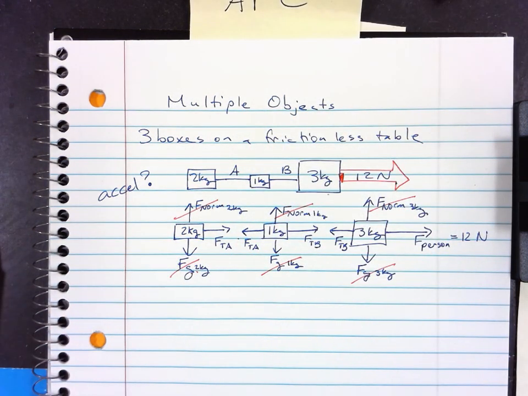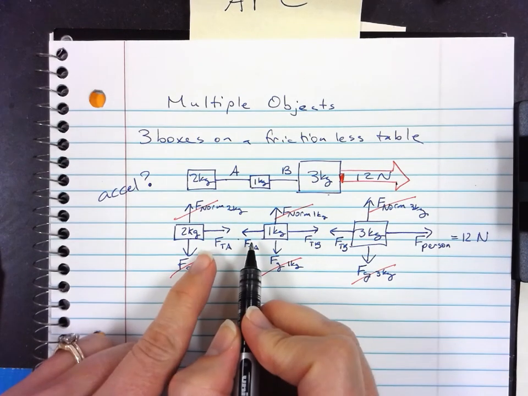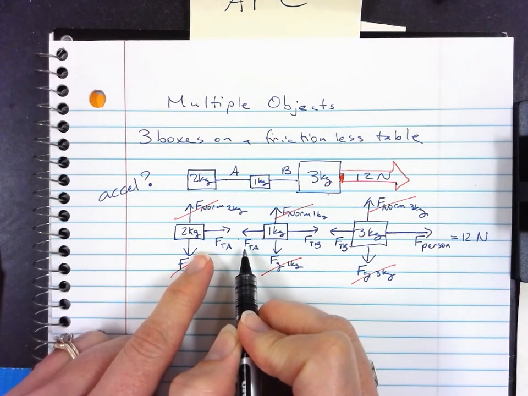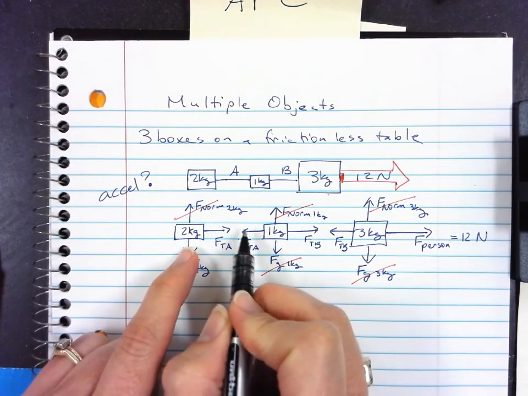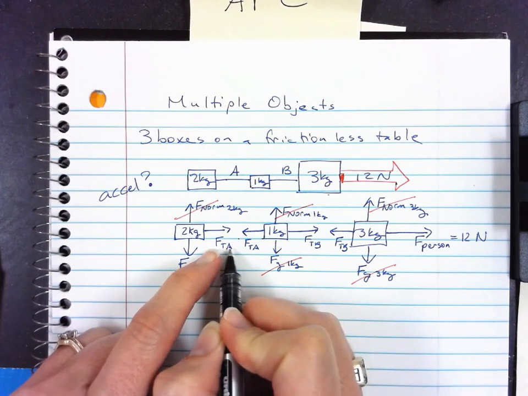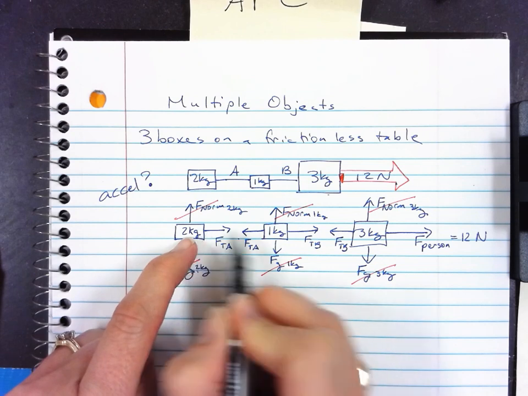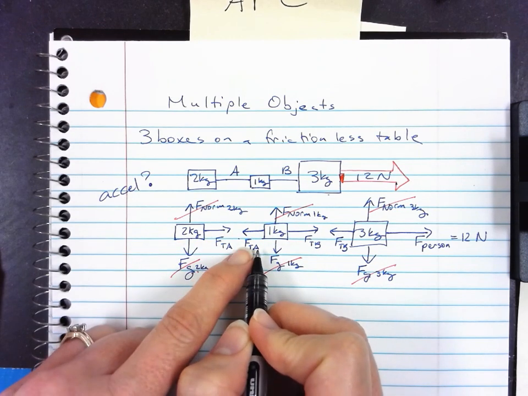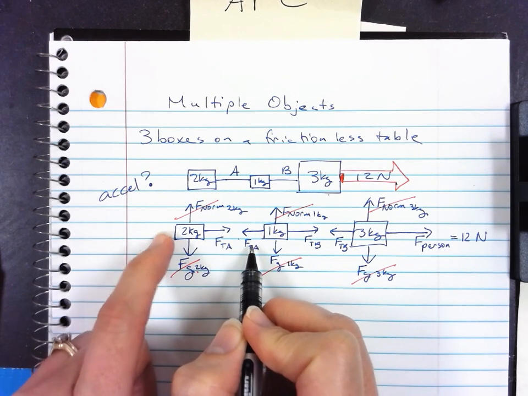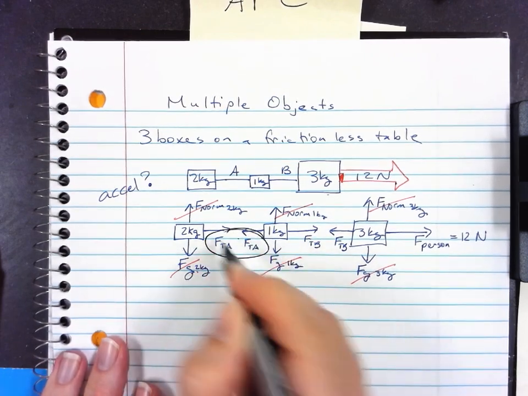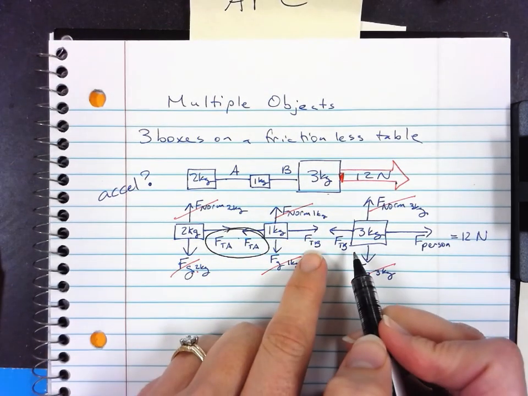So these forces exist, but they're inside the system. In fact, these are a third law pair, because this is the force on the 2 kg object from the 1 kg object, and this is the force on the 1 kg object from the 2 kg object. So it's a third law pair. We've got the same thing with this rope.